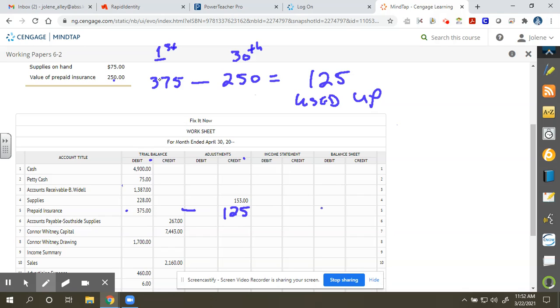Eventually this is going to say 250. Okay, eventually. The next lesson, you'll see that. So for right now, let me erase this. Done. I showed you where I got the 125 from.